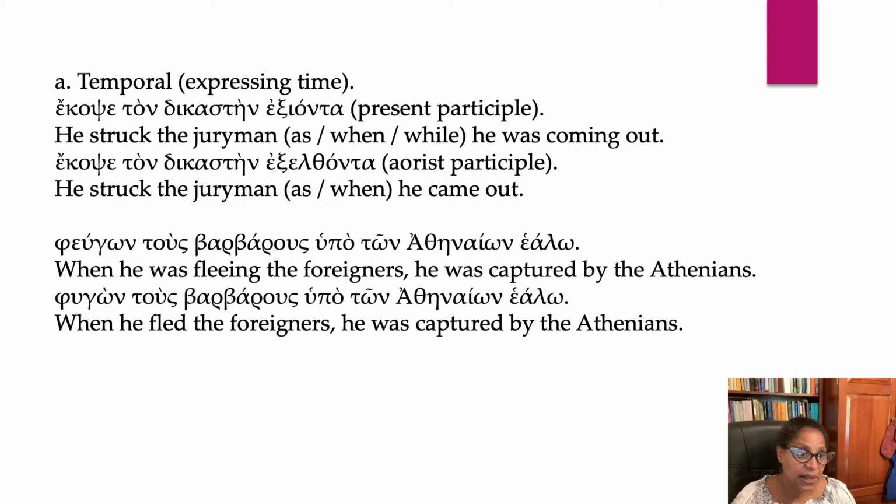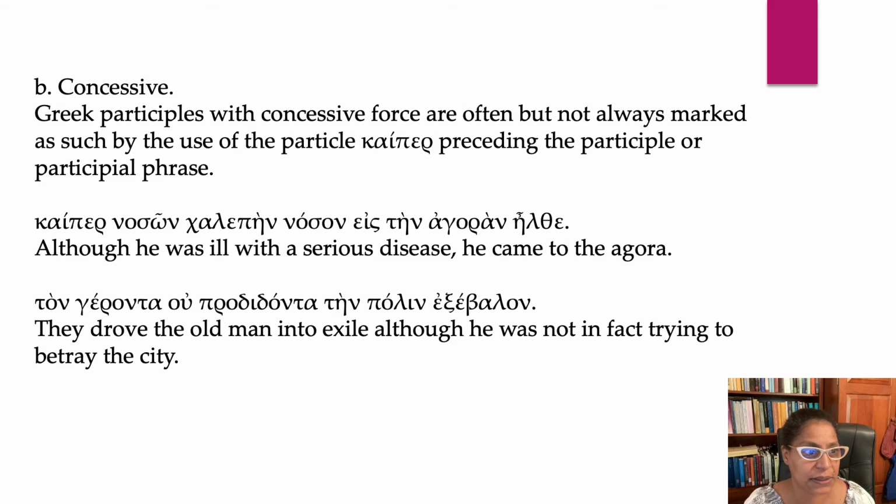Here, our "when" clause has an aorist, so you translate it as an aorist. Whereas with pheugon, you have a present participle, so you translate it as an imperfect, because ongoing action in the past is imperfect, whereas this is a simple action in the past, aorist.